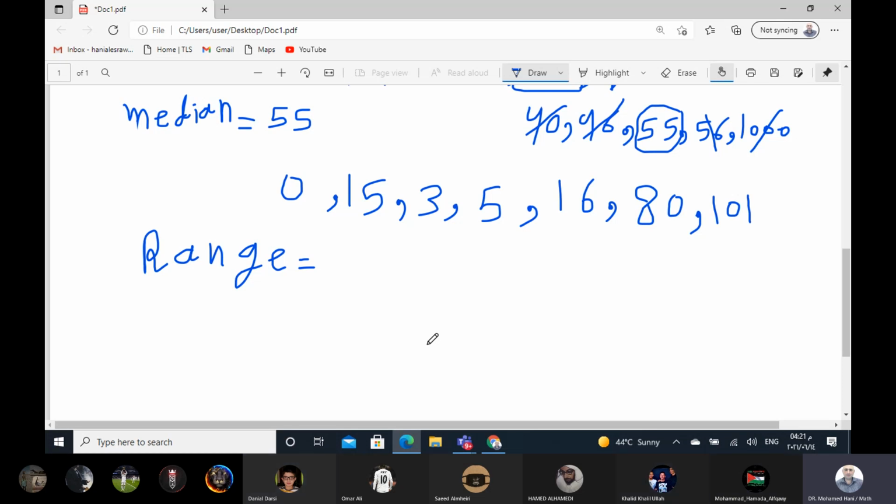Right. What is the big value here? 101. What is the smallest value? 0. Now 101 minus 0 will be 101. So the answer will be 101. Okay, great.